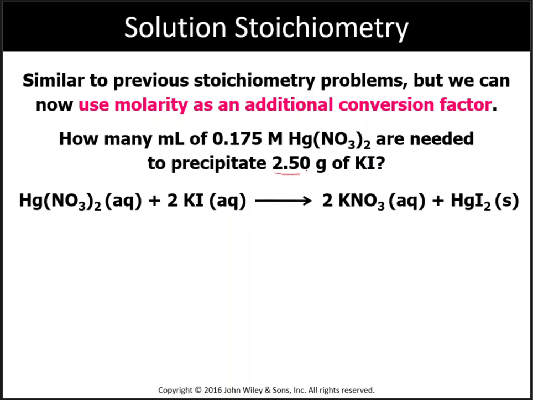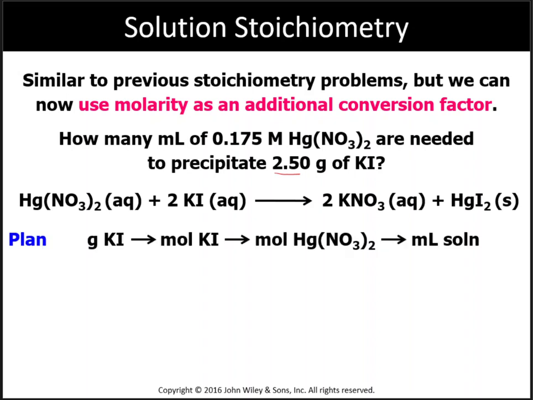What's given to us is the mass of potassium iodide. Since the mass of potassium iodide is given to us, in order to look at the mole to mole ratio, we have to have the moles of potassium iodide.